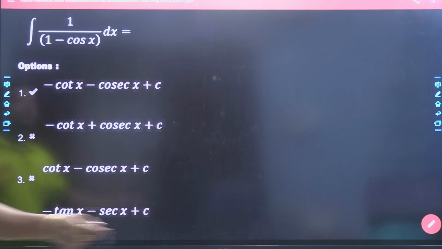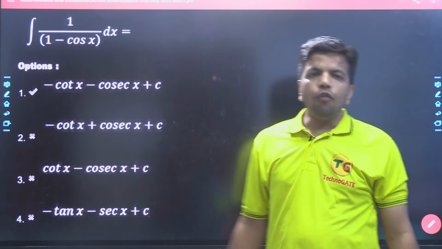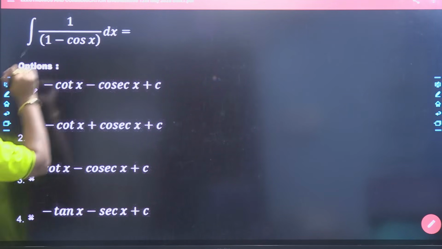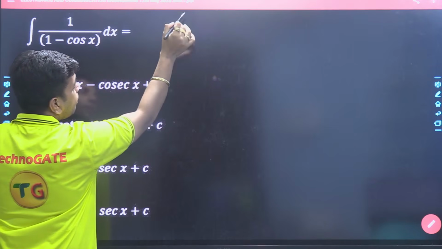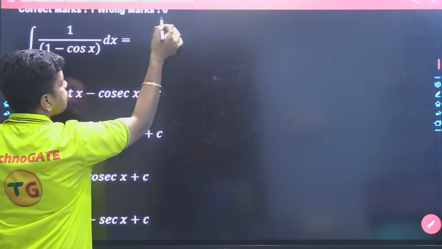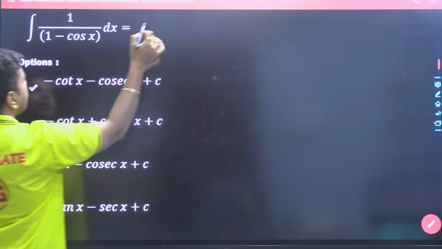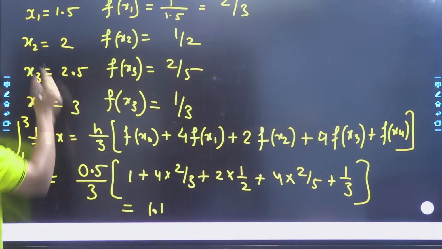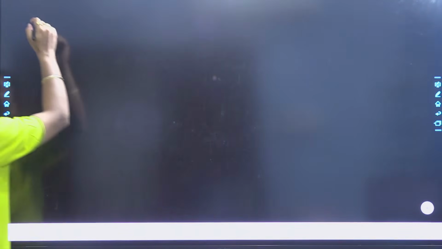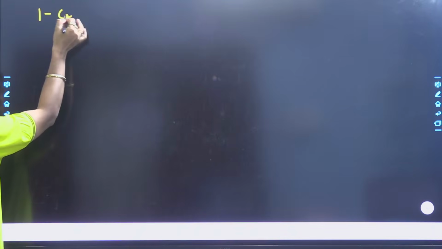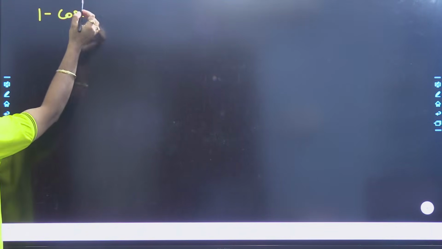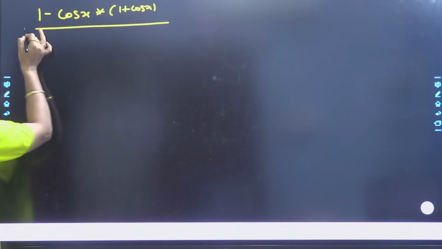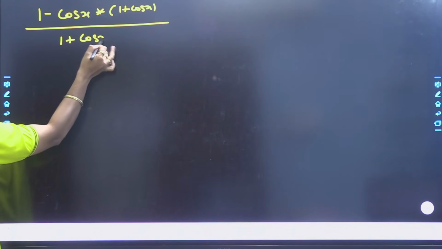Now see, the next question is the integration of 1 upon 1 minus cos x dx. Okay, let's see what we can do here. If we multiply by 1 plus cos x on numerator and denominator, I will do that on the next new page. 1 minus cos x multiplied by 1 plus cos x and divided by 1 plus cos x.